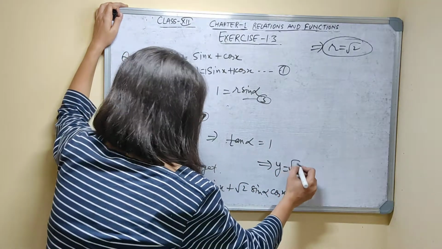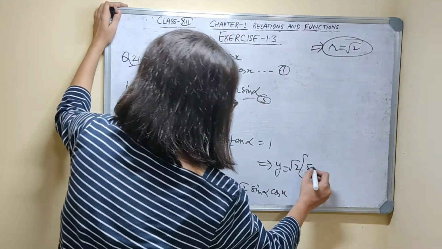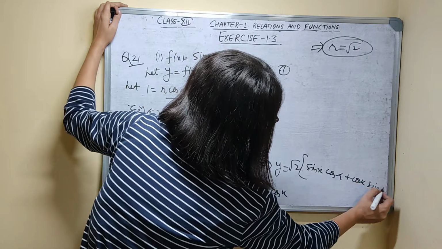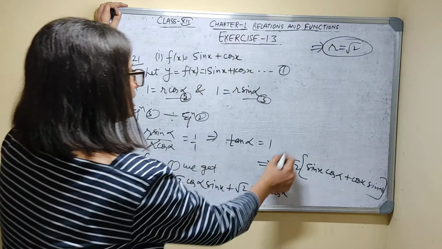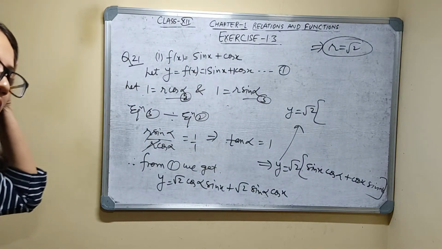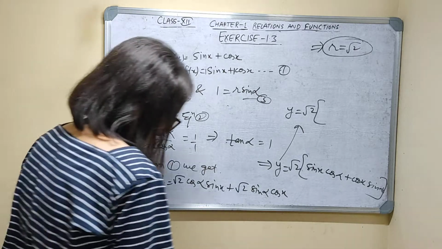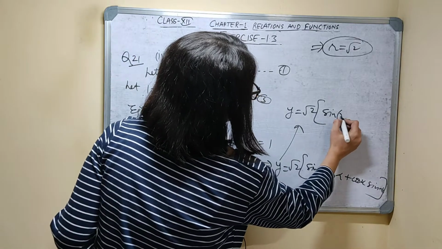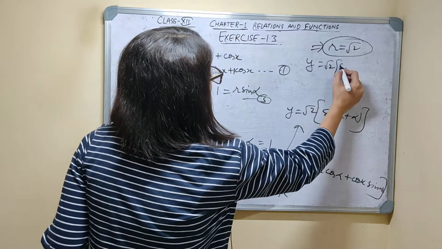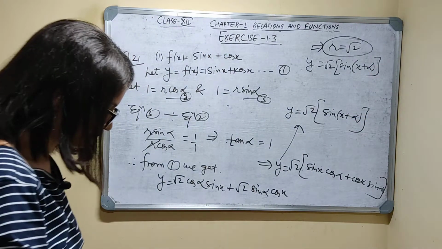Again y is equal to root 2 times sin x cos alpha plus cos x sin alpha. Using sin a cos b plus cos a sin b, I can write sin of x plus alpha. So I am writing here y is equal to root 2 sin of x plus alpha. Is it clear?